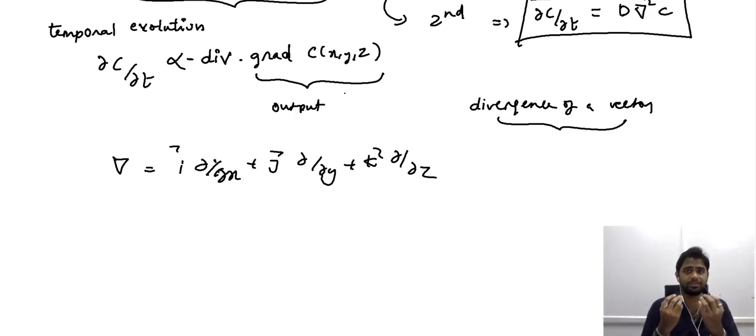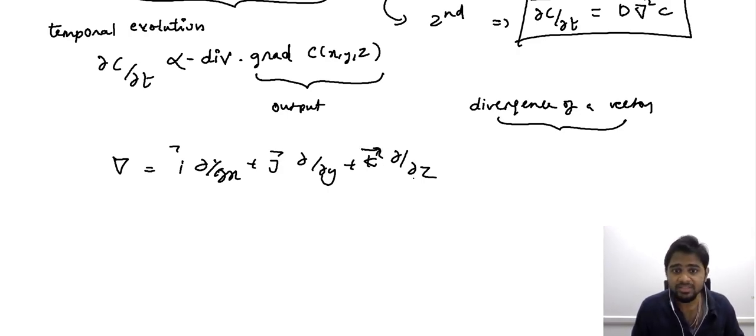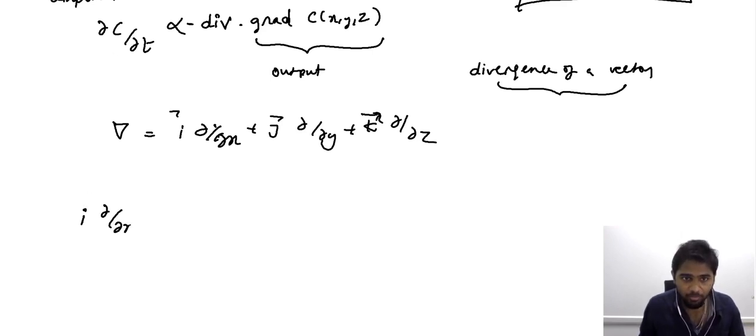Now when we consider the dot product of two vectors, ultimately the output would be a scalar, because essentially we are multiplying the components of these individual entities. So when you consider the dot product associated with Fick's second law, what it essentially means is we are considering the skeletal form of the divergence.